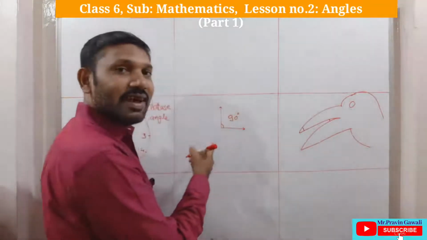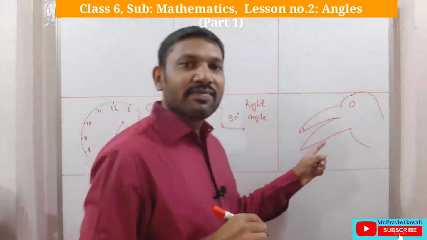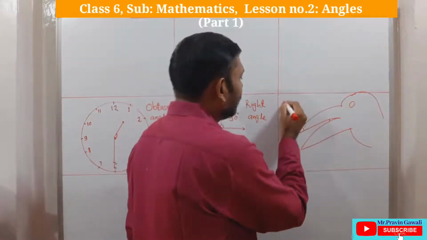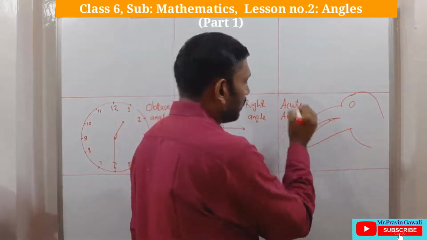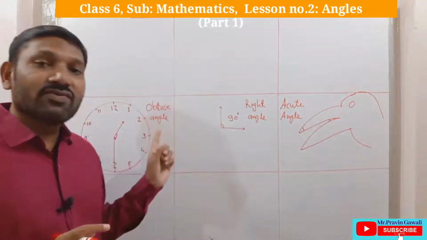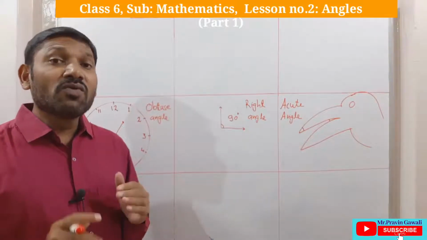So it is a right angle. And here it is less than 90 degrees, so it is what? Acute angle. Have you understood now this one? Very good. So these things we have learned in the previous class. Now we will move forward.